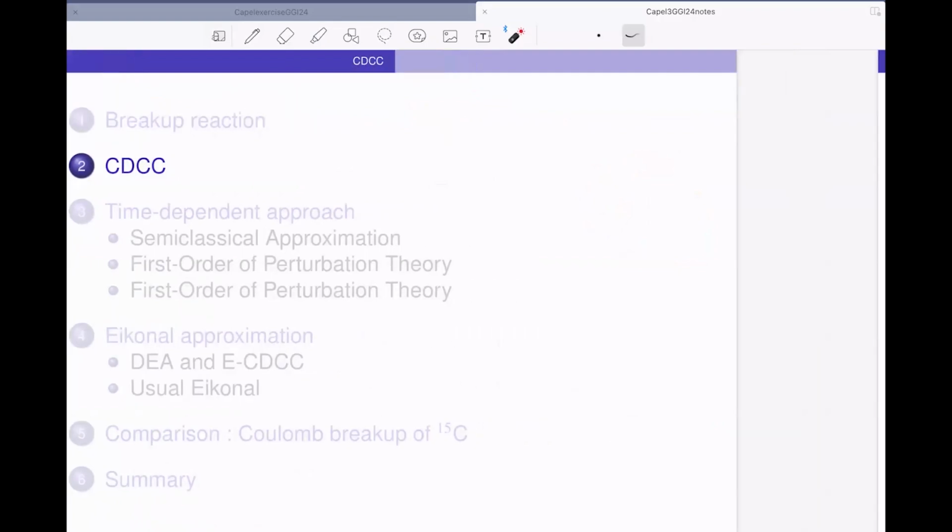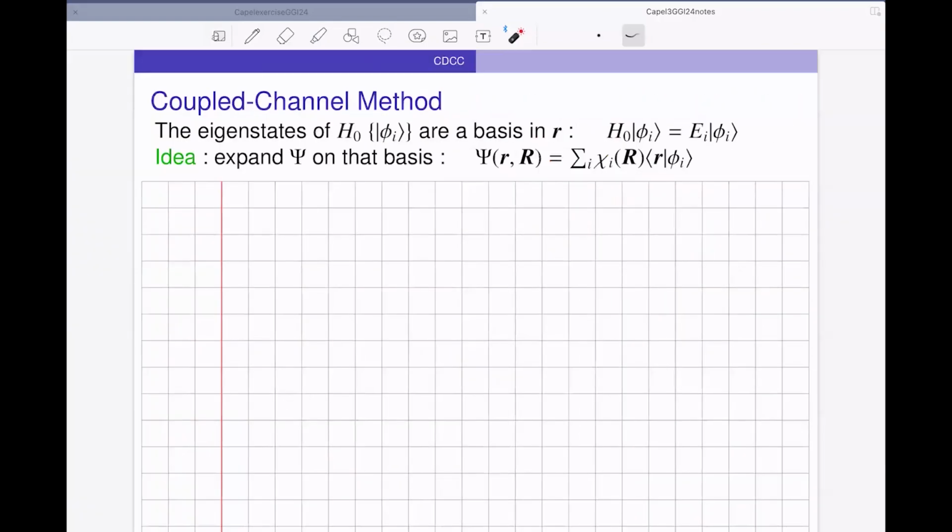So let's see the CDCC technique. The idea that is behind CDCC is that the eigenstates of the Hamiltonian H naught, which is the Hamiltonian that describes the projectile, form a basis in the r space, so in the projectile's core-neutron relative coordinates.